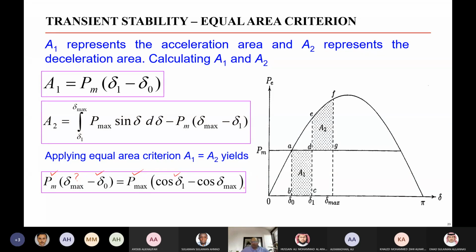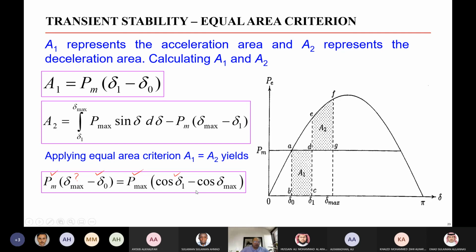Or you can say we clear the fault after, for example, 30 milliseconds. So for the swing equation, if you integrate the swing equation twice, you will have time t squared over 2 for the integration, and then you can substitute with time to get the angle.